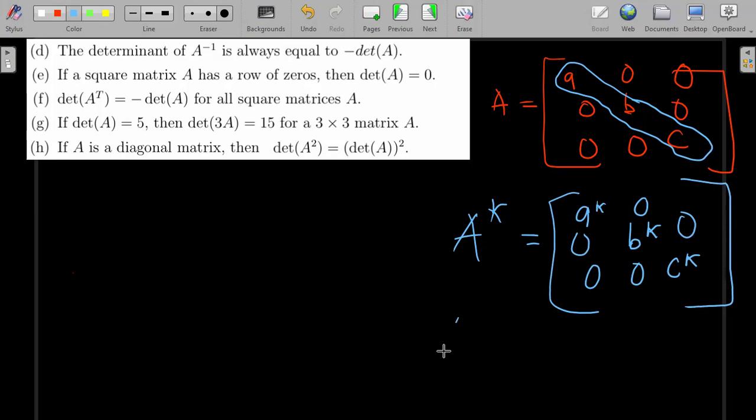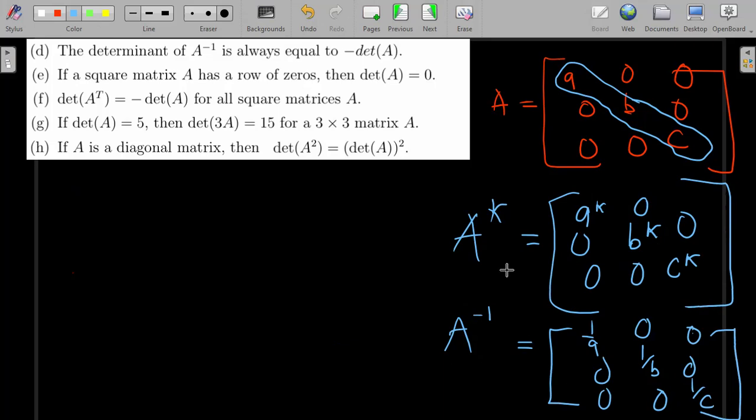And when I'm finding the inverse of this A, it's the same as 1 over A, 1 over B, 1 over C, and then here I just put zeros. So these are the special rules that we are going to be applying when we are talking about diagonal matrices.